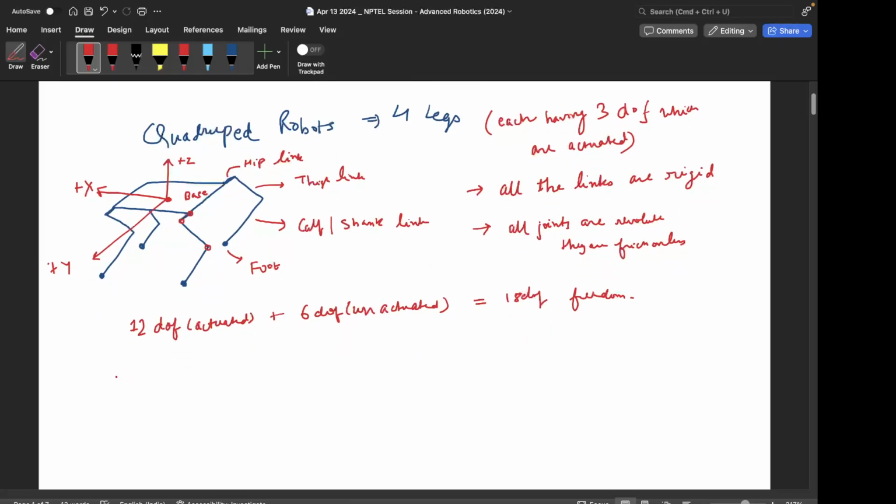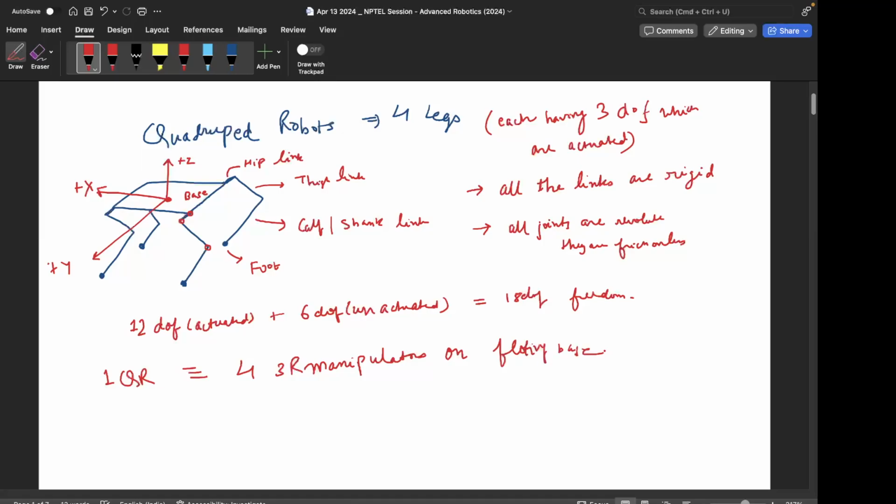So basically, if you isolate a leg, it's a 3R manipulator, right? So a quadruped robot is equivalent to analyzing 4 3R manipulators, but not on a fixed base, on a floating base, right?